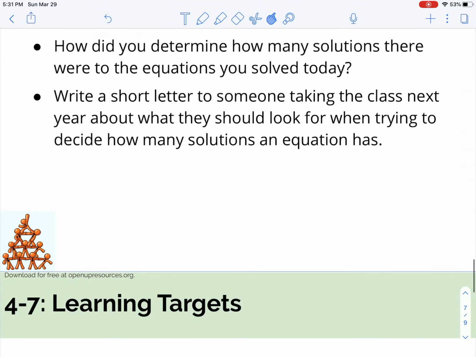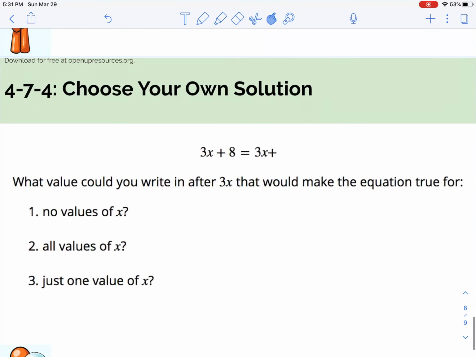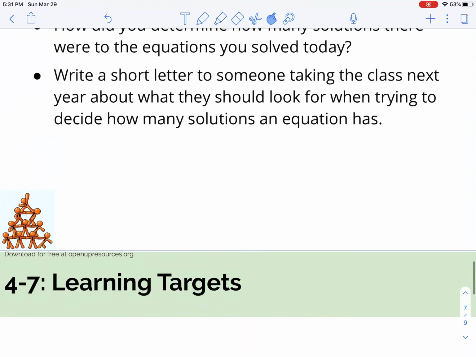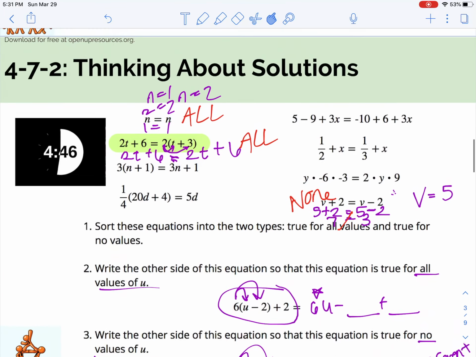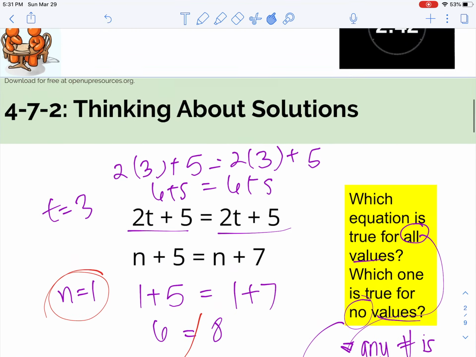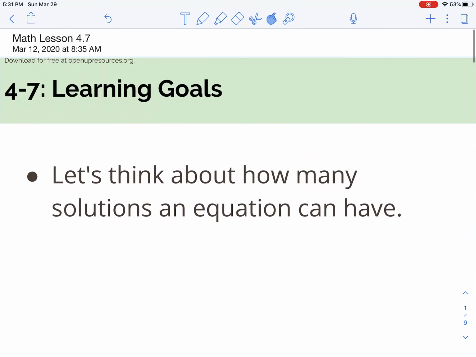Okay. We don't need to read all of this, and we don't need to do this last problem. So at this point, you will go and finish all the problems that I talked about and didn't completely finish for you.